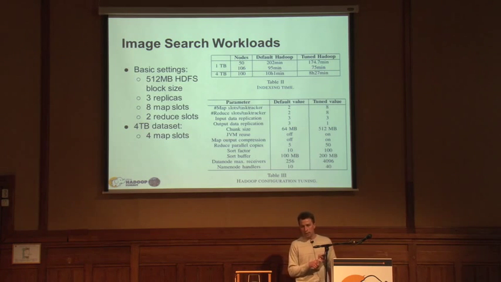Also, for the indexing workload, it was an obvious idea to use map output compression. Then we use JVM reuse, which is specified in the Hadoop config file. And then we do some tricks on sorting and shuffling, all right?